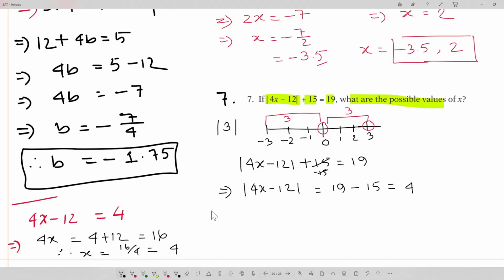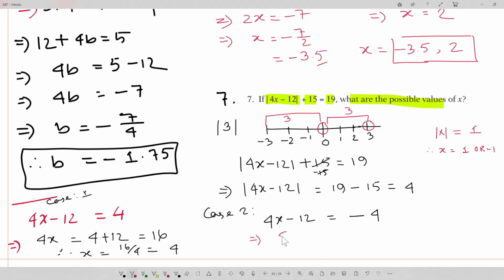So that is one value, case 1. And case 2, 4x minus 12 equals minus 4. Because if the absolute value of x equals 1, then x equals either 1 or minus 1, right?